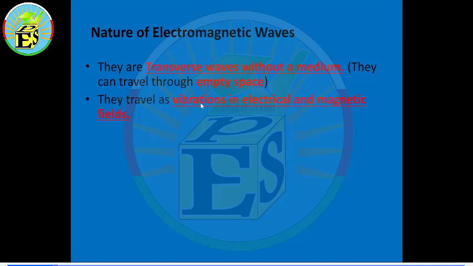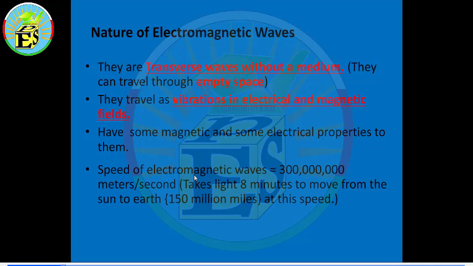They travel as vibrations in electric and magnetic fields, so they have some electrical and magnetic properties. The speed of electromagnetic waves equals 300 million meters per second, or 3 × 10^8 meters per second. It takes light 8 minutes to move from the sun to the earth, 150 million miles, at this speed.